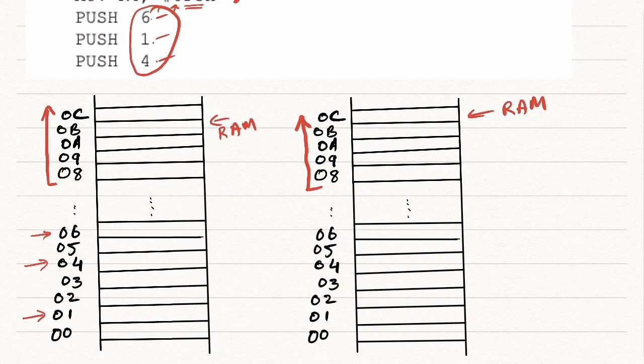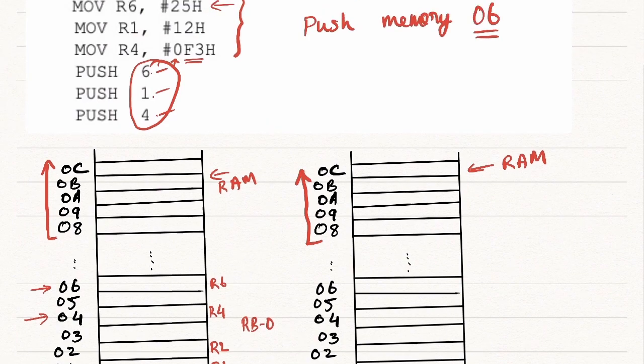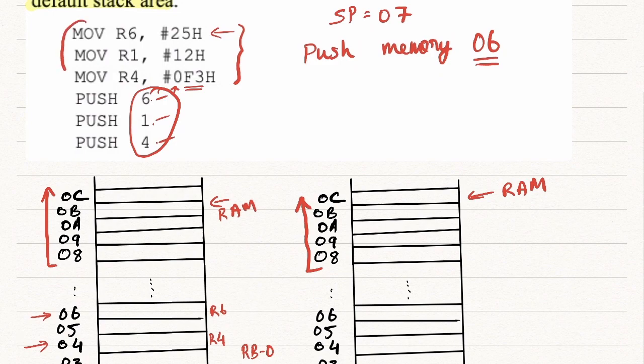So 00 is the address of the R0 register, 01 is the address of R1, and hence R2. So 04 must be the address of R4 and 06 is the address of R6, which are in register bank 0. That is why I have used these three instructions.